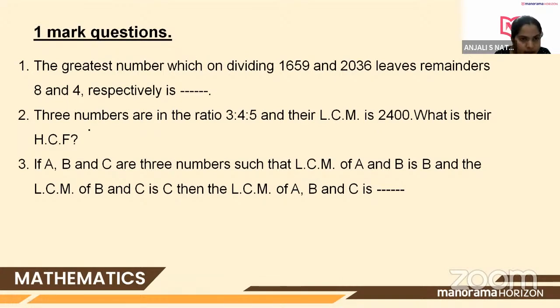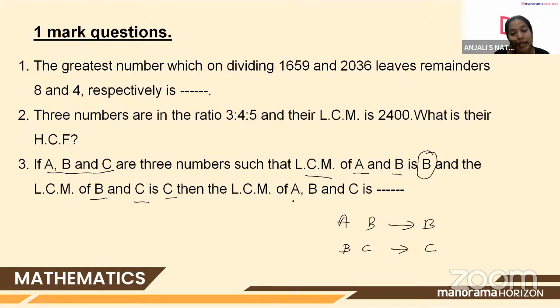There are three numbers, which is A, B, and C. And first, the LCM of A and B is B. That is, you take two numbers, A and B, then its LCM is B. And then the LCM of B and C is C. That is, we take the numbers B and C, we get the answer LCM as C. Then we have to find the LCM of these three numbers A, B, and C. That's what we want to find.